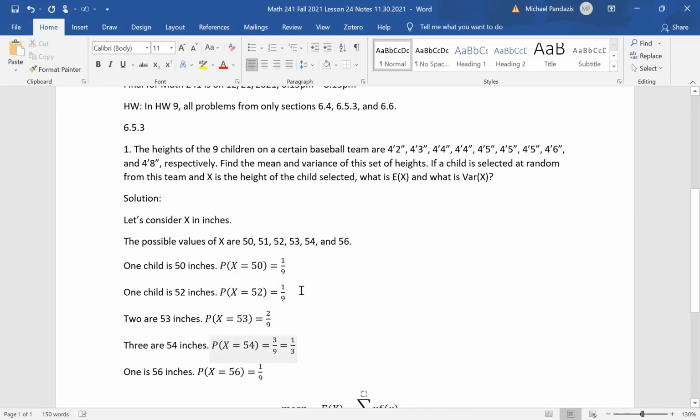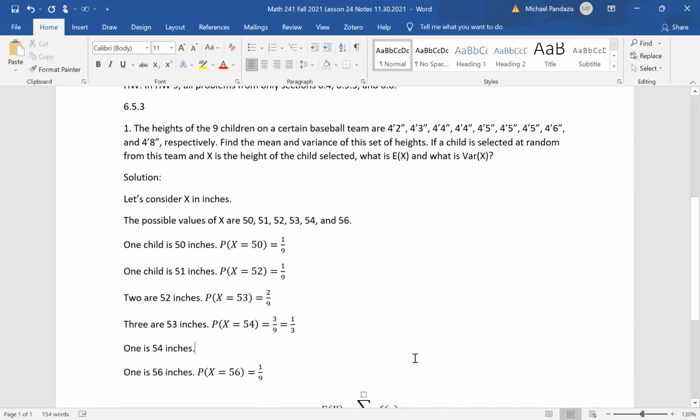Okay, so there's 1 at 50. One child is 51 inches. 2 are 52 inches. 3 are 53 inches. 1 is 54 inches. There we go.